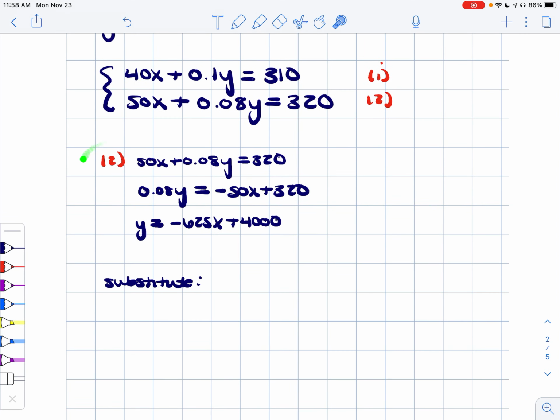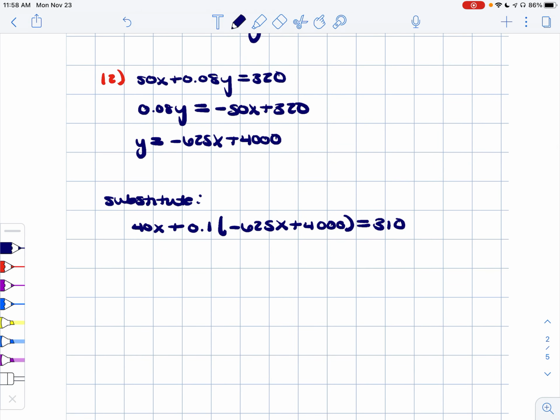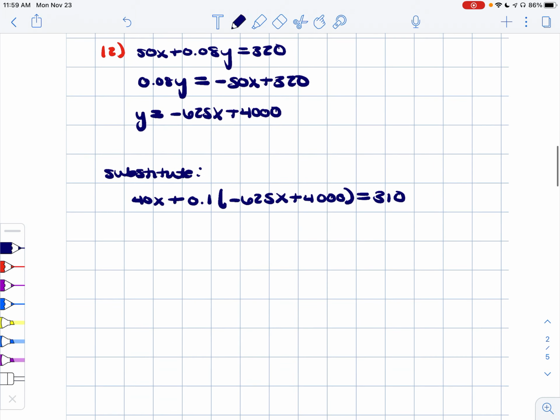So this was equation 2, remember? So we're going to substitute this into equation 1. So we'll have 40x plus 0.1 times, and then here's where we substitute in our negative 625x plus 4,000. And that's equal to 310. All right, so now we just need to solve this out for x.